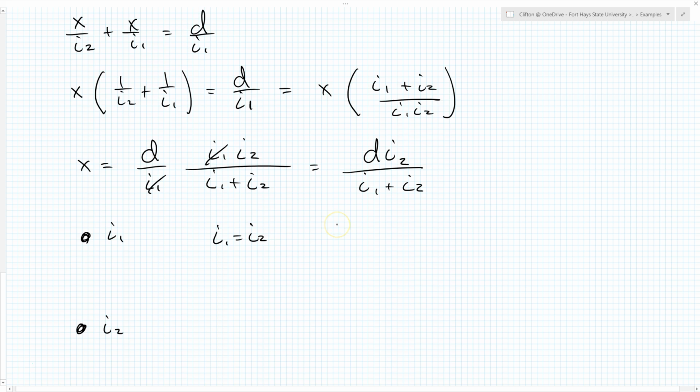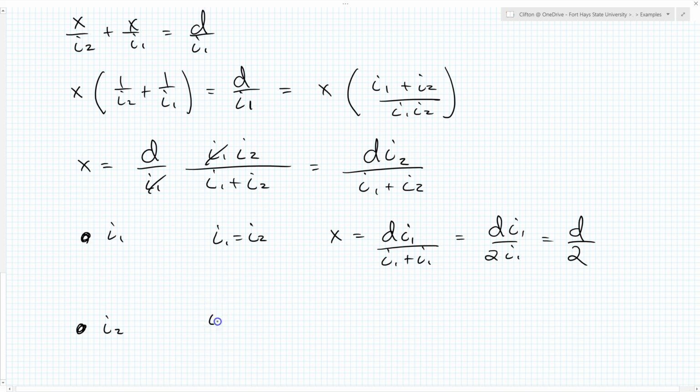And so if we plug in I1 is equal to I2 for x, we get x is equal to d over 2, which is exactly what we expect, halfway between the two currents.